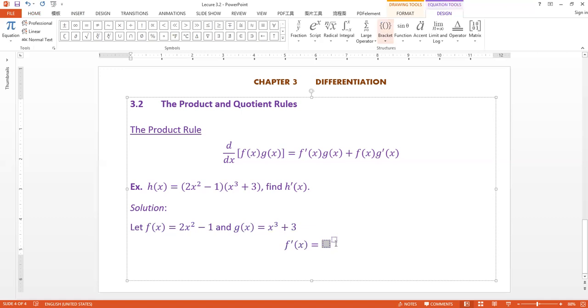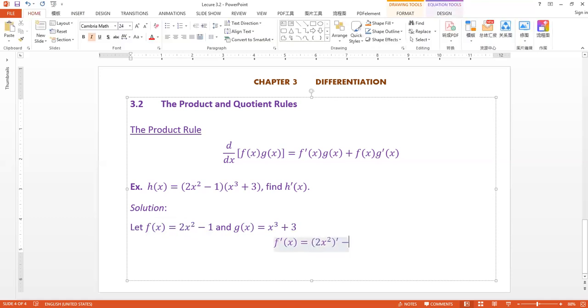All right, so we can find the derivative of 2x squared first, and then we can find the derivative of 1 and subtract. Okay.